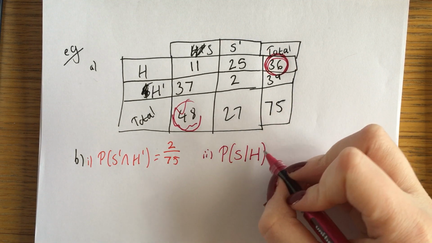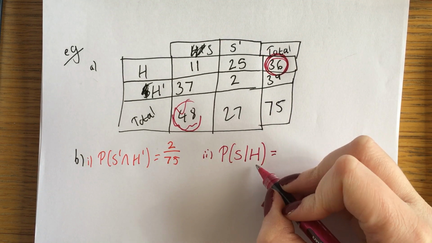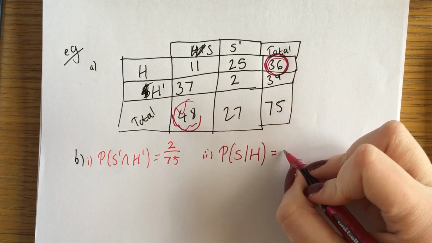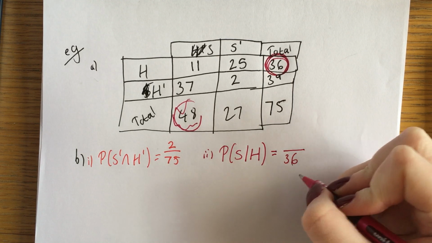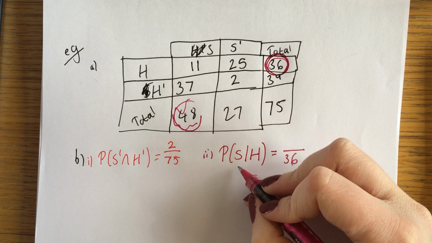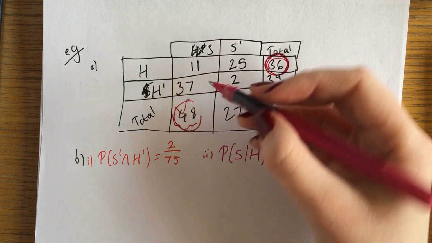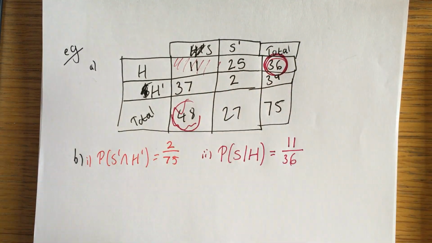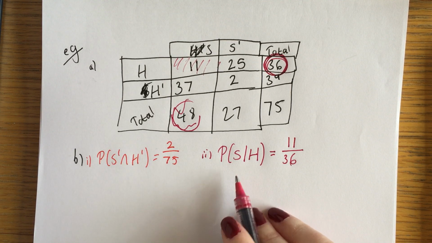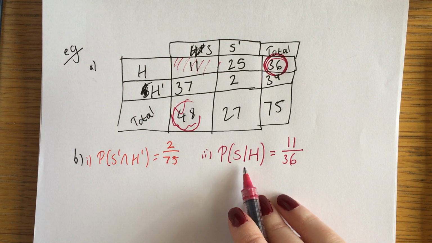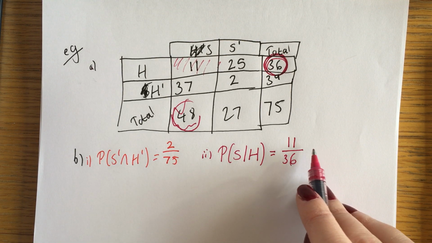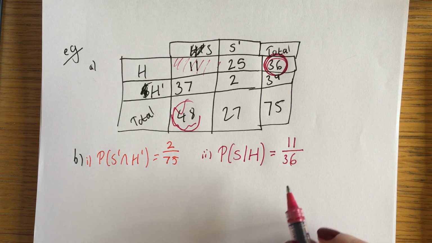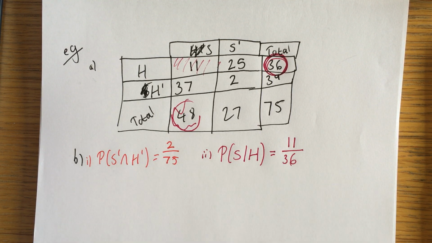So I know that this student studies humanities. So it's out of 36 students. I want to know the likelihood they also study science, which is 11. So the likelihood of picking someone that studies science given that I know they study humanities, is 11 out of 36, because I'm only looking at the 36 humanities students.